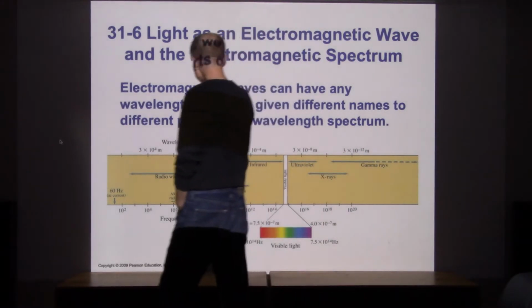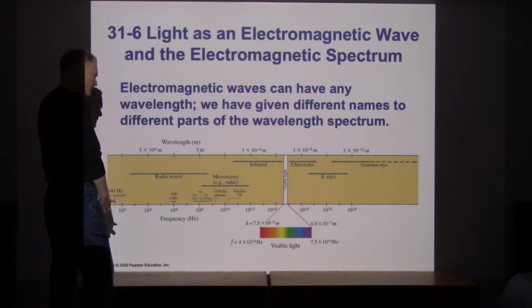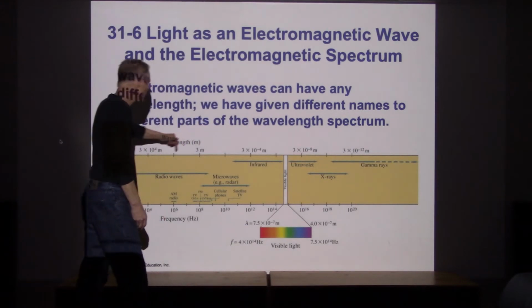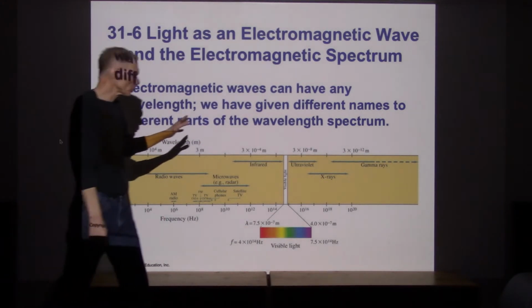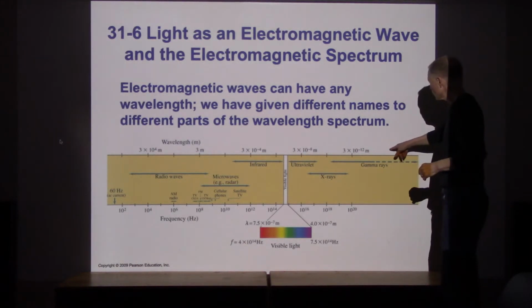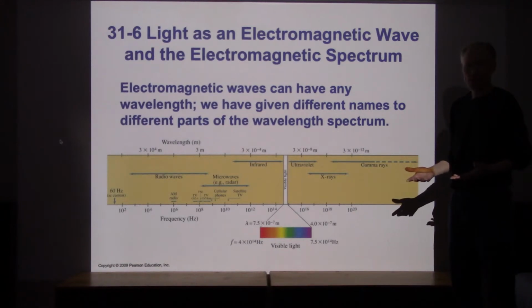If we look at the chart that's provided here, there's a wavelength scale up here. As we go to shorter and shorter wavelength, what we find is that shorter wavelength fields have higher and higher energy.